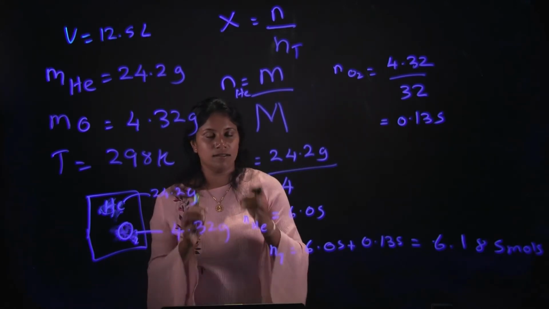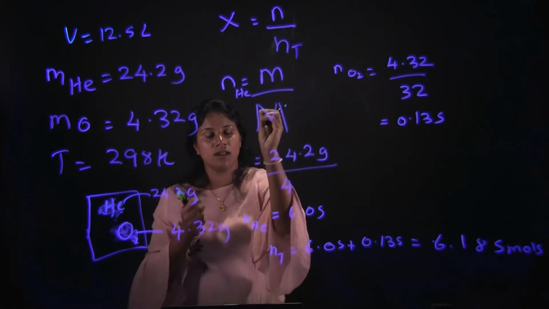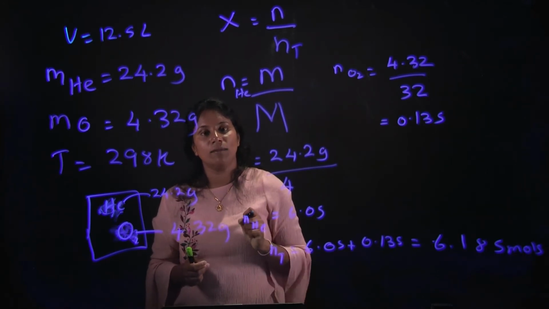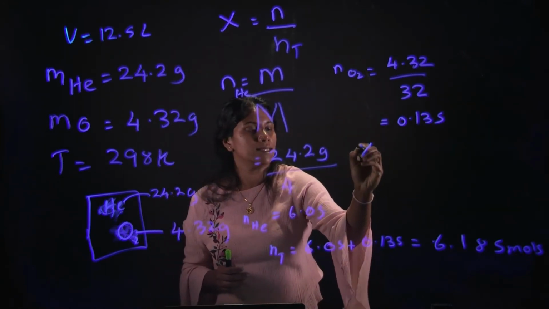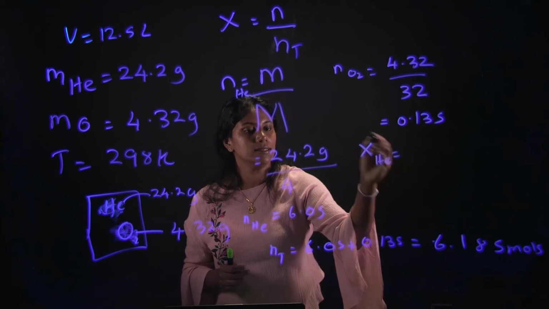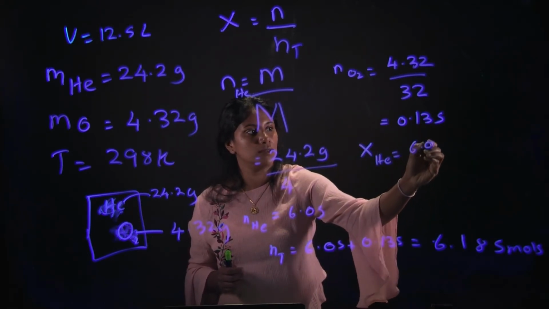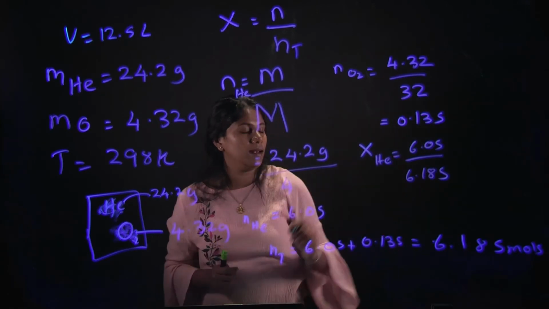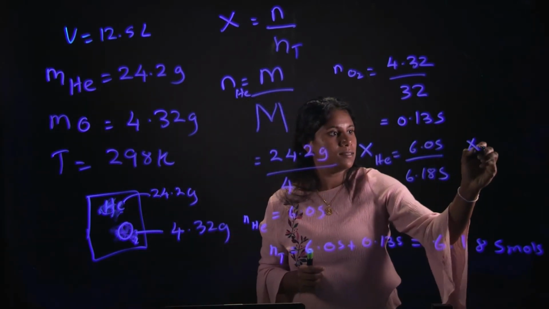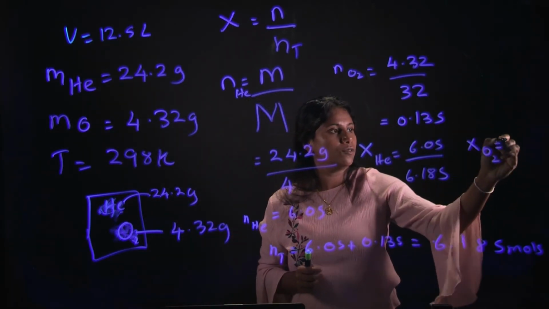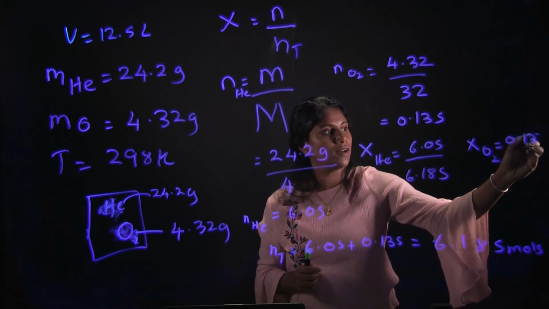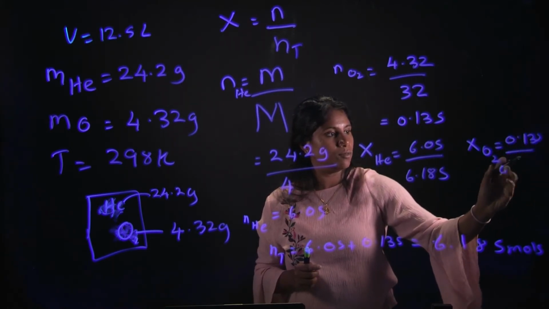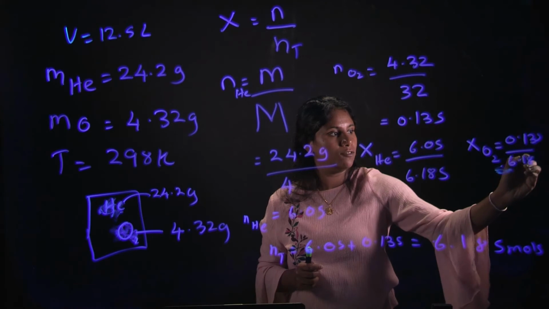So you know the total number of moles, and then you have to find mole fraction. Mole fraction of helium is the number of moles of helium divided by the total number of moles. X helium is 6.05 divided by 6.185. X oxygen is 0.135 divided by 6.185.